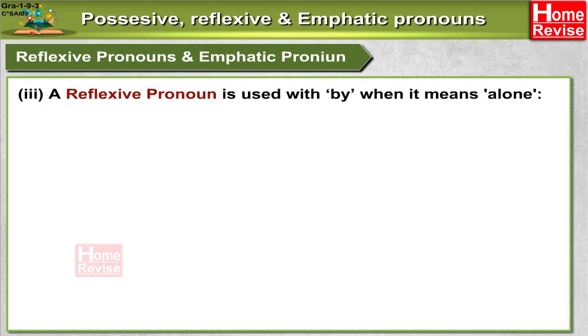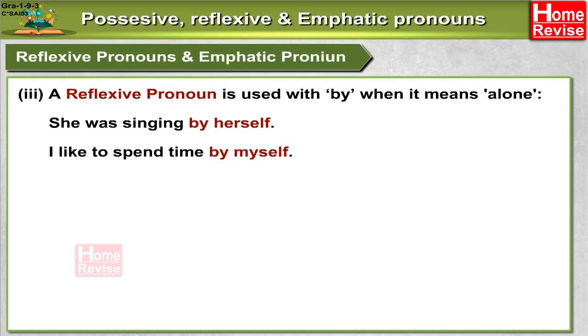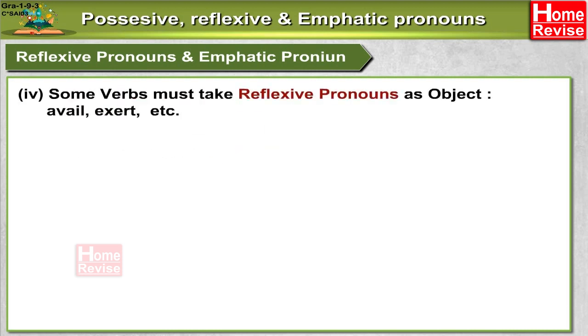Third, a reflexive pronoun is used with by when it means alone. She was singing by herself. I like to spend time by myself. Fourth, some verbs must take reflexive pronouns as object.